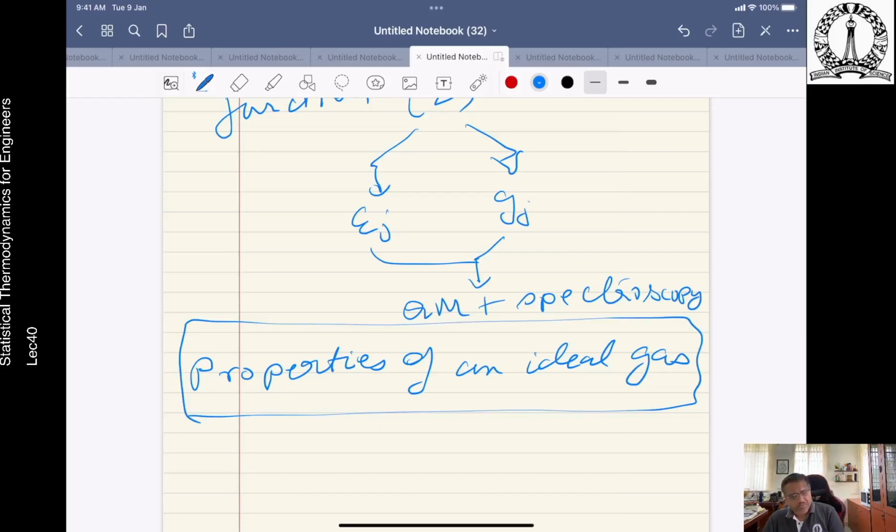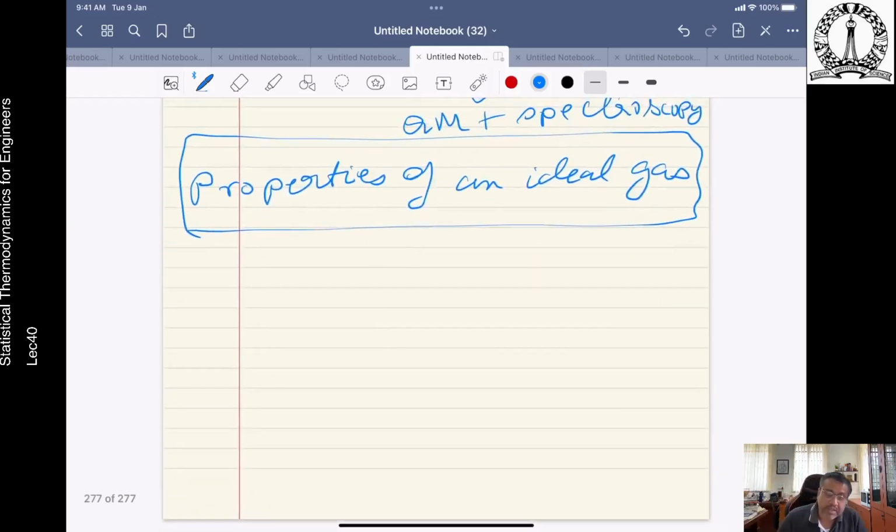However, we should do it in steps. We can start with a monoatomic gas, which requires only the translational and the electronic modes. There is no rotation and no vibration. Then we can go to diatomic gas, which requires information on the rotational and the vibrational energy modes. And then, of course, one can consider polyatomic gas, which is basically multiple atoms.